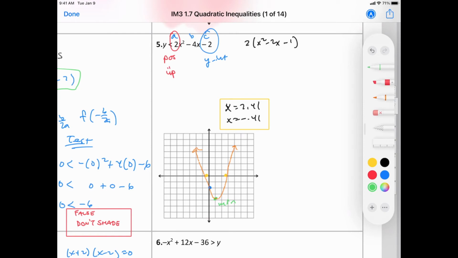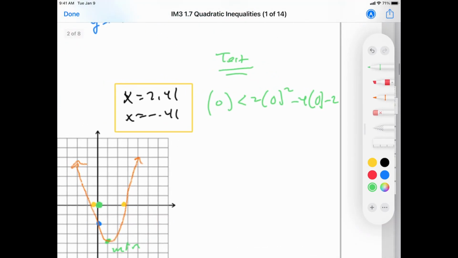Okay, let's go ahead and do our test point now. I'll use the original equation. We're going to test (0, 0) here in green, that green dot. So 0 less than 2 times 0 squared minus 4 times 0 minus 2. 0 squared is 0, 2 times 0 is 0, -4 times 0 is 0.